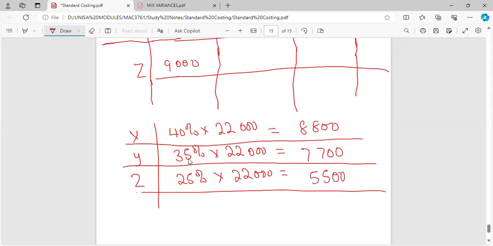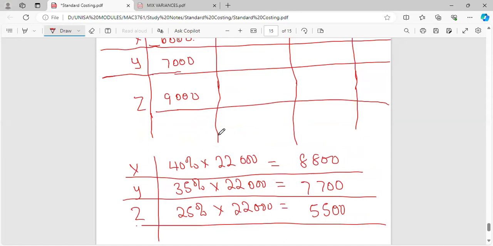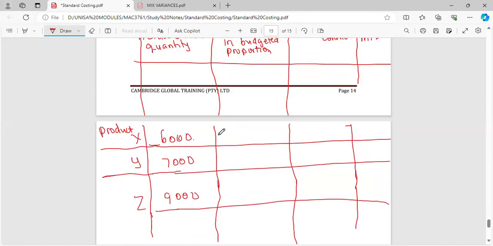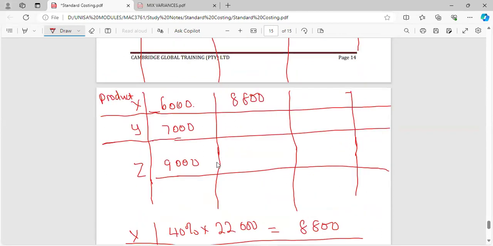So this is going to be our standard proportion in actual quantities: the first is 8,800, the second is 7,700.